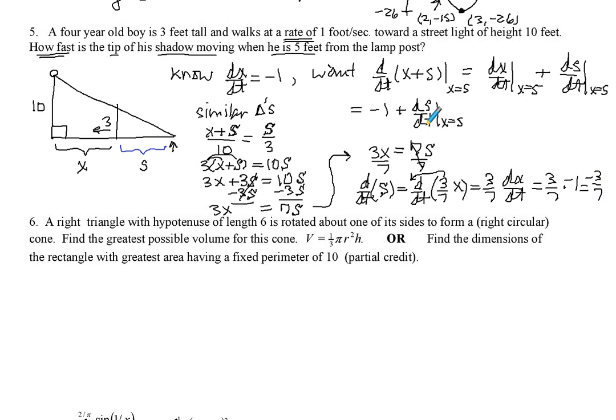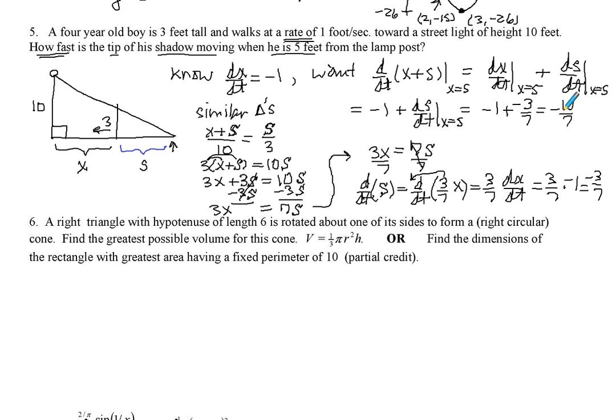So this rate here, there's no place to plug in x equals 5. So this is just going to be -1 plus -3/7. Which, let's see, if we get a common denominator, this is -7/7 and a -3/7, that'd be -10/7.